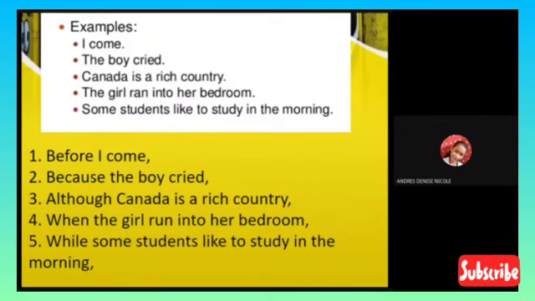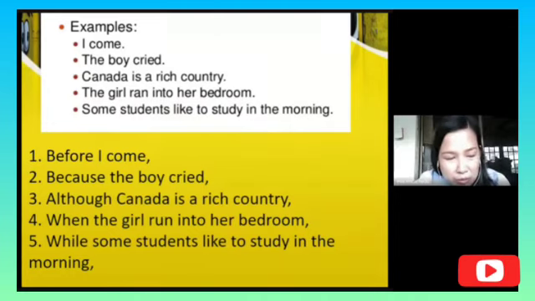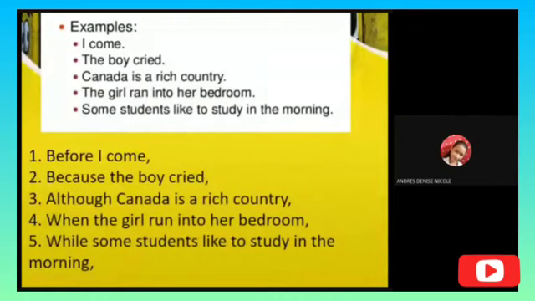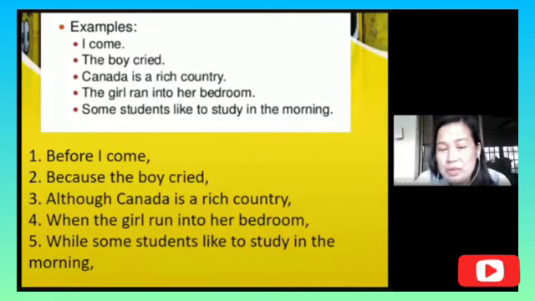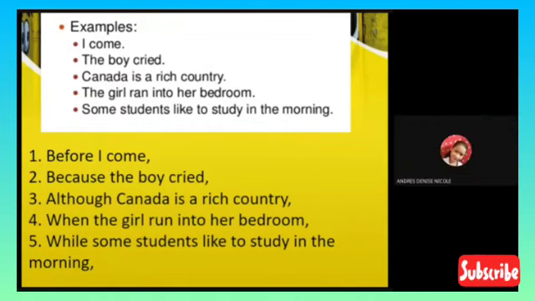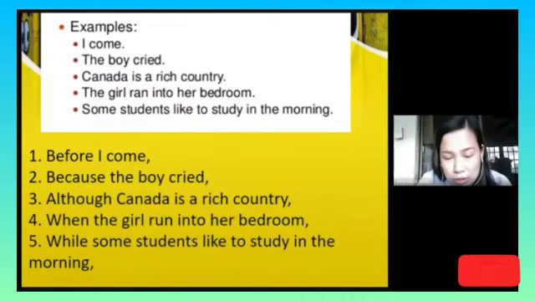When I was playing in rain, I got blue. Okay, so ang sentence mo ay, ano yun? When I was playing in the rain. Yun na lang ang sentence mo, di ba? Tapos nilagyan mo ng subordinate conjunction na, ano nilagay mo? Hindi, yung conjunction mo na ginamit mo, sabihin mo sa akin.